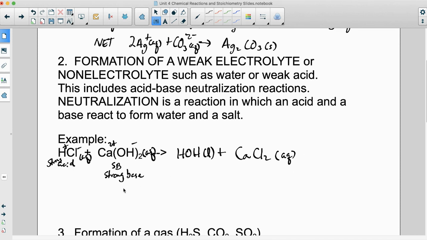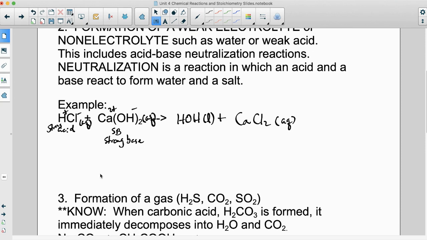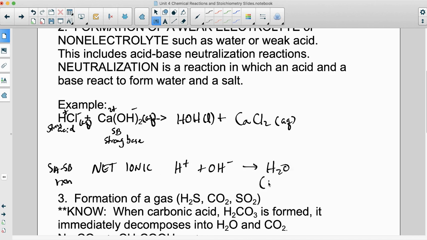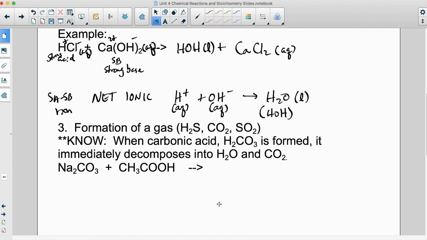And then if we look at the net ionic equation for any strong acid, strong base reaction, the net ionic equation is always going to be H+ plus OH- forms H2O, water, or HOH. Sometimes people like to write it like this to see the ions that combine. So that's our net ionic here. Let me put in my states of matter: aqueous, aqueous, and liquid. So that's what drives this reaction, the formation of water.